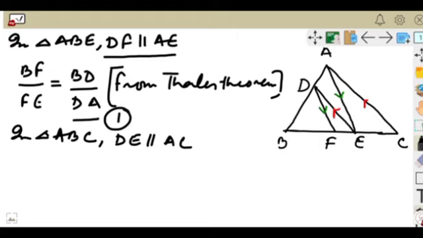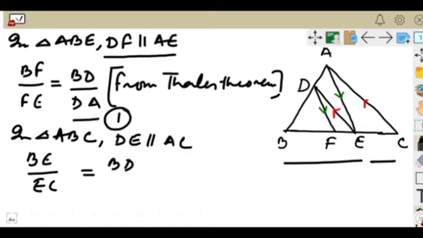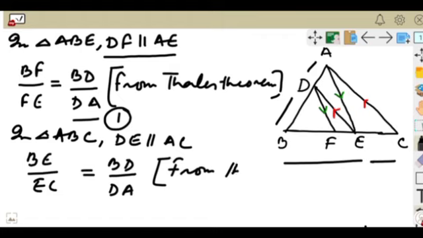I can write BE divided by EC equals BD by DA. Here the same reason, from Thales theorem. And I'll give here equation 2.